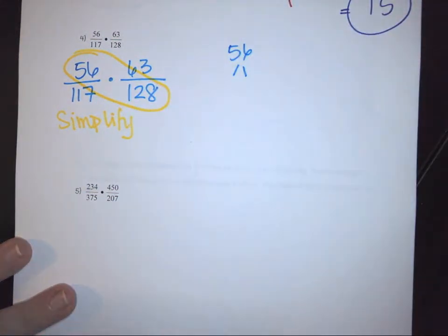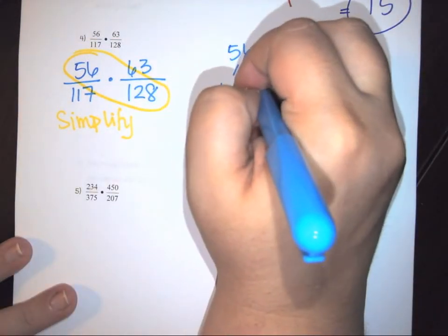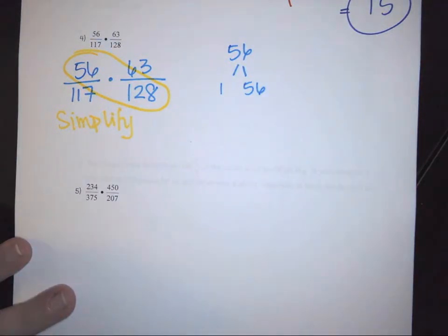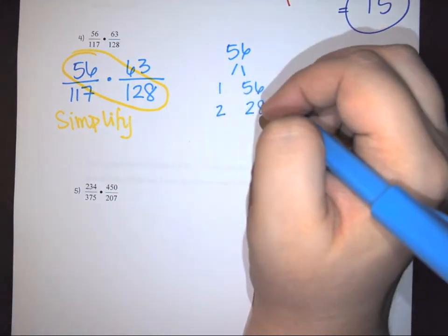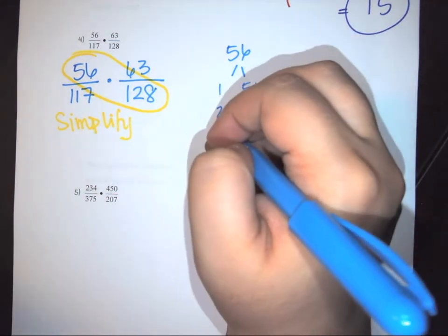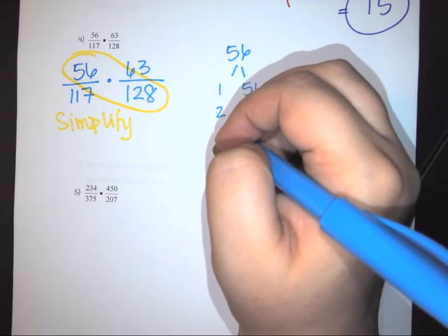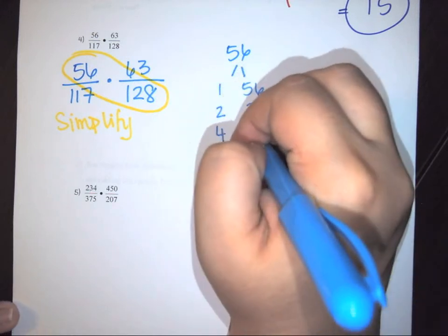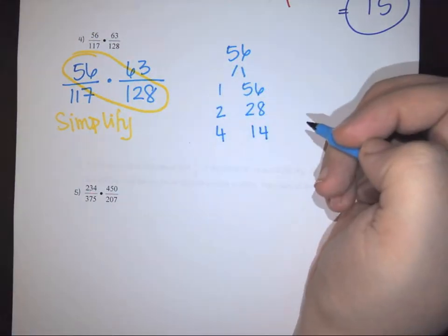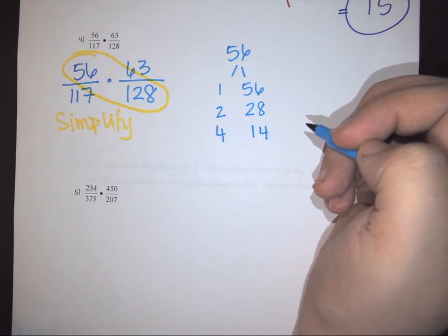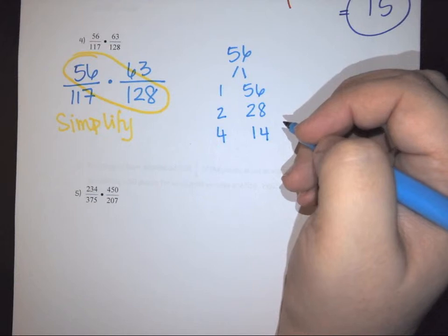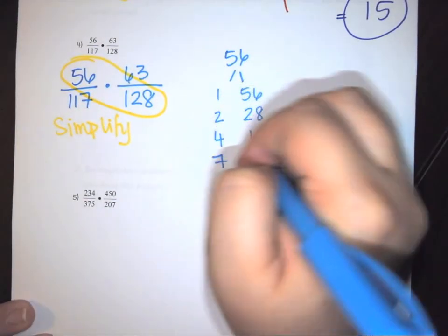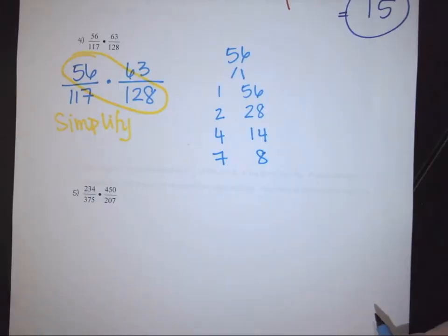So when I have 56, I already know that I have 1 and 56. I then have 2 and 28. I then have 4 and 14. I have 7 and 8.